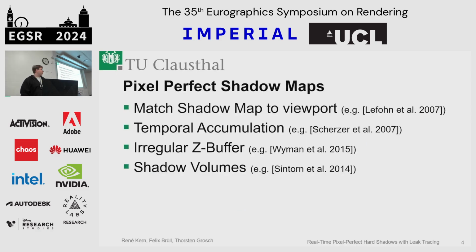There are some prior works mainly focusing on solving the aliasing issues, which you can see here. However, all of these techniques are bound to the camera view and require re-rendering the whole shadow structure every frame, and this can be quite expensive for some of them.